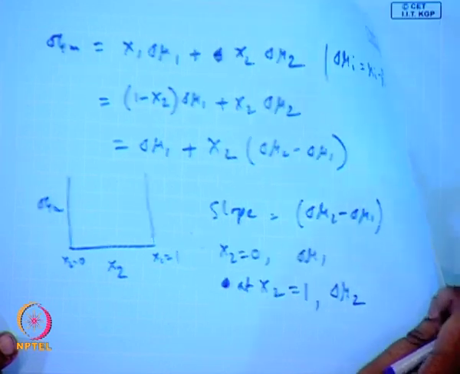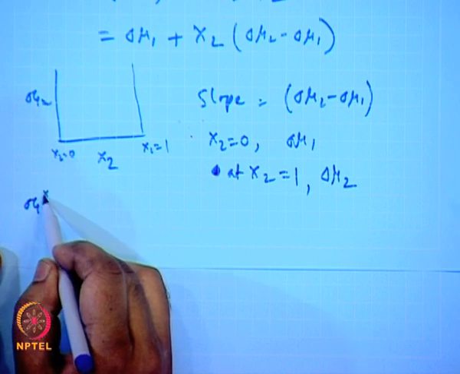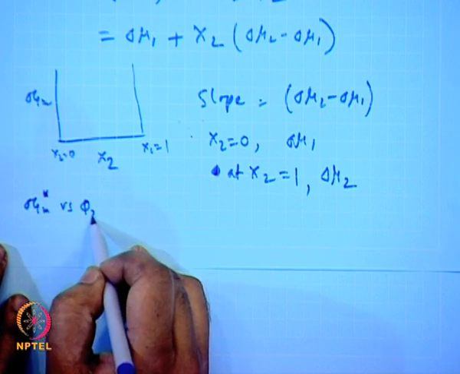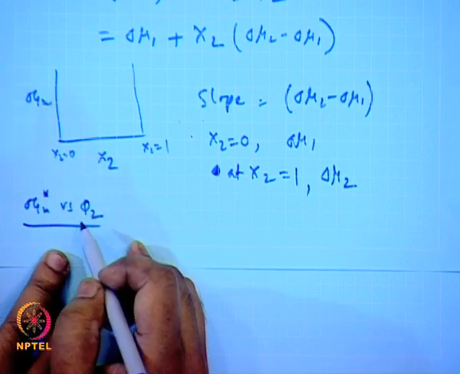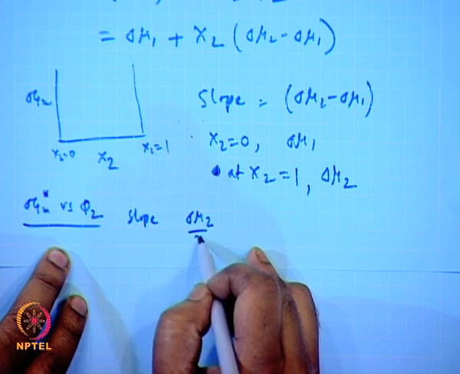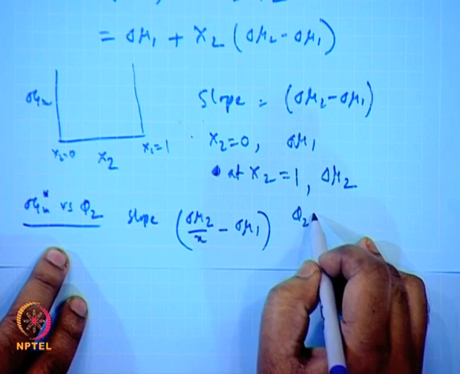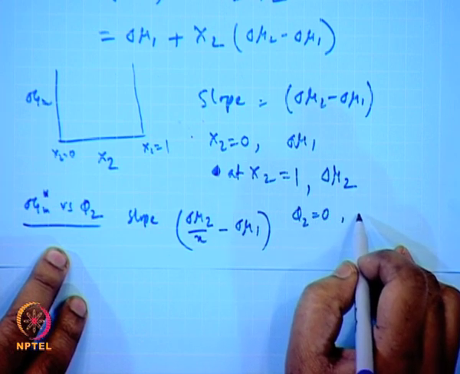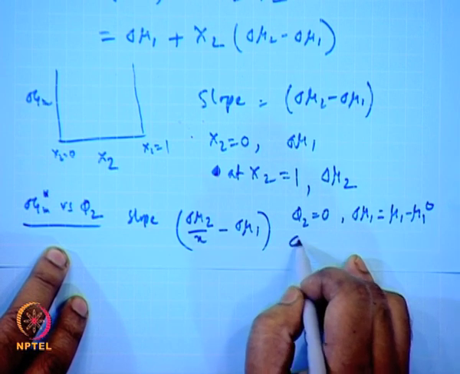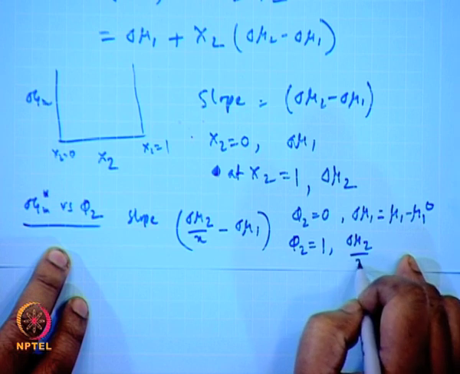Now, if I want to do it for delta G m star versus phi 2, we can easily imagine that the slope at any point of that curve would be mu 1, and the intercept at phi 2 equal to 0 would be delta mu 1, which is mu 1 minus mu 1 0, and the intercept at phi 2 equal to 1 would be delta mu 2.